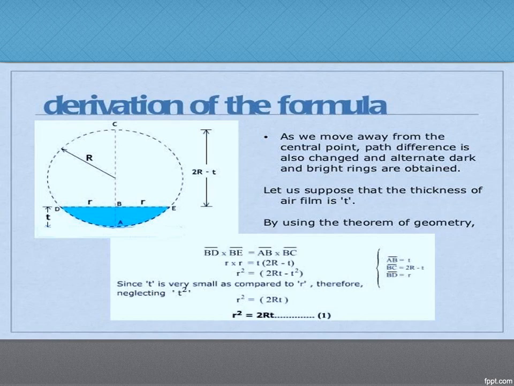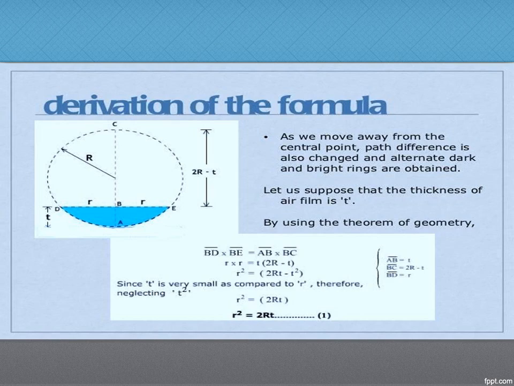So now you will get R squared equals 2Rt minus t squared, because when you multiply t inside the bracket you get 2Rt minus t squared. Since t is very small compared to R, we neglect the higher power of t, that is t squared. So now R squared is equal to 2Rt, which is our equation number 1.